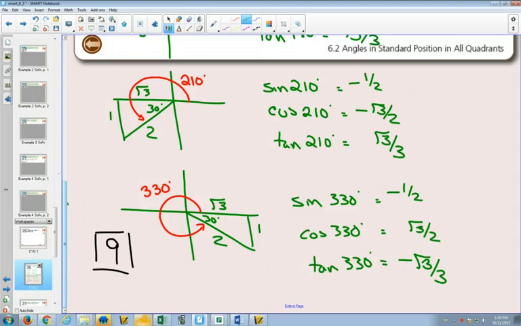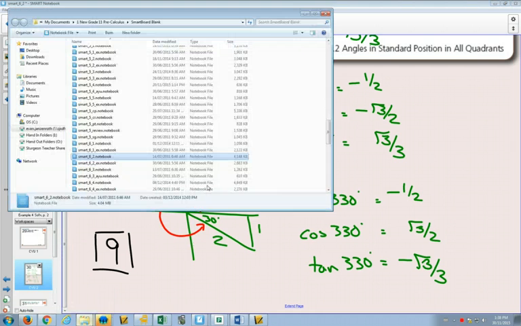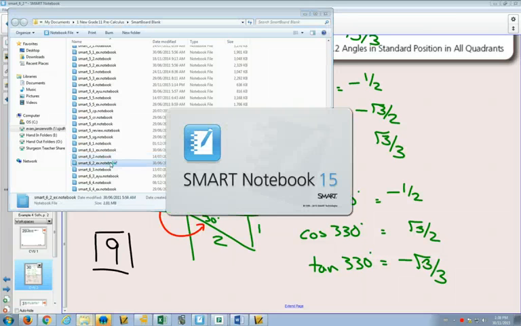And question number 9 is one we can do, and we're actually going to do the first one of it together. So turn to question 9 right now.